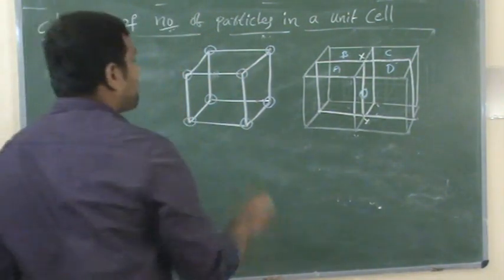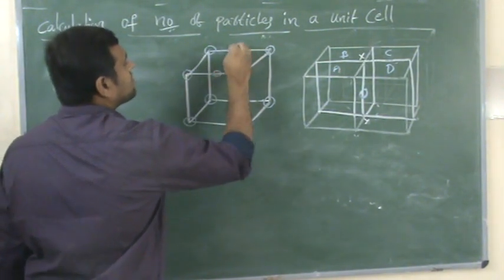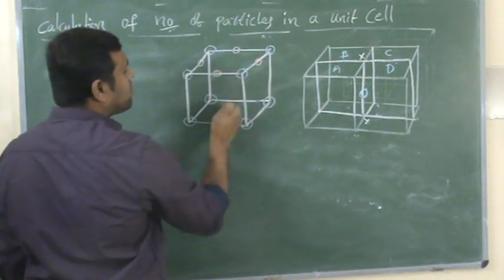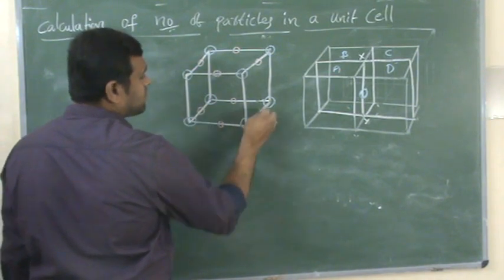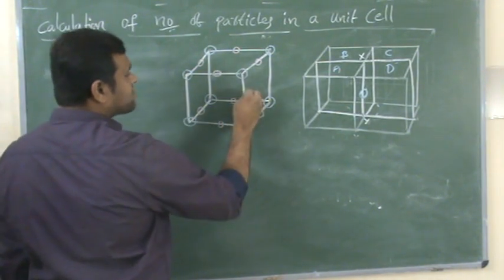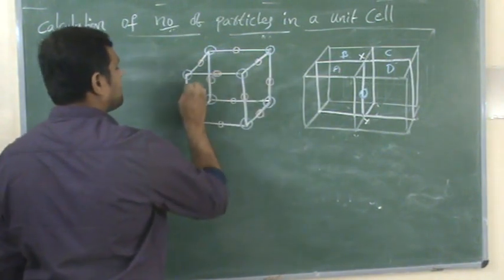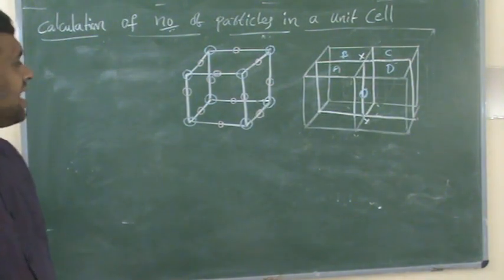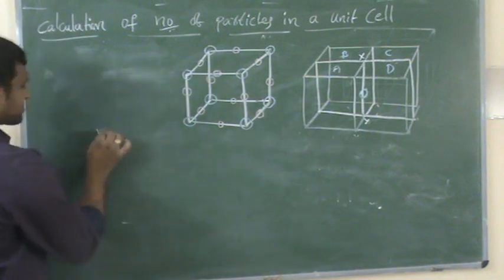I will mark the particles at edge centers with red color. You can observe, right? These are the particles present at edge centers. Top 4, bottom 4 and sides 4. So totally how many edges? 12 edges. Okay.